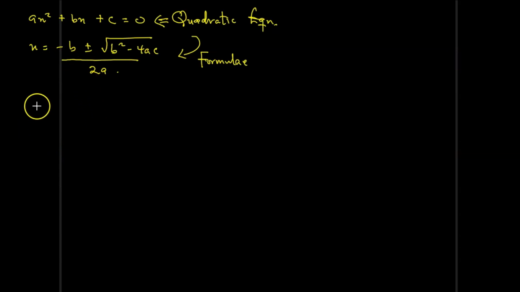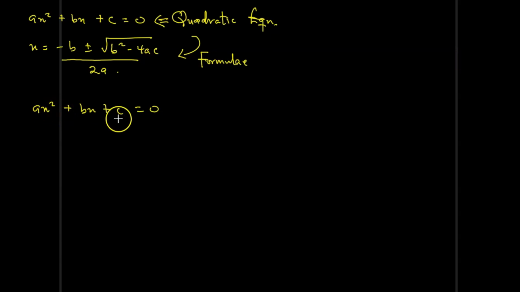So if we have ax squared plus bx plus c equal to 0, using the idea of completing the square, we are going to make x the subject. But how do we make x the subject from here? We first need to see to it that the coefficient of x squared is 1.